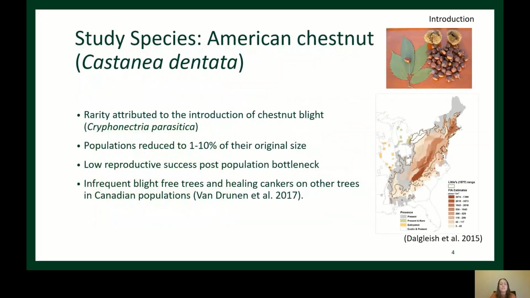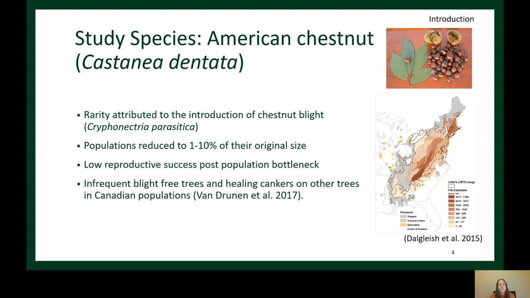A North American species whose populations might be limited by genetic factors is American chestnut. This was once a canopy-dominant tree species that reigned the deciduous forests of eastern North America, from Maine and Ontario west to Michigan and south to Mississippi and Georgia. Its current rarity is attributed to the introduction of chestnut blight at the turn of the 20th century, which completely decimated populations, reducing them to 1 to 10% of their original size.